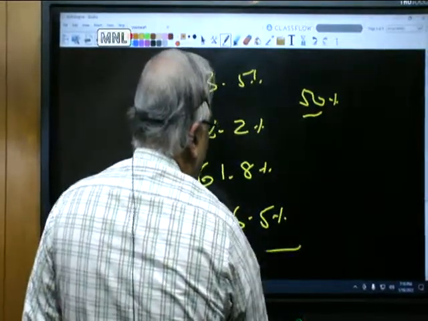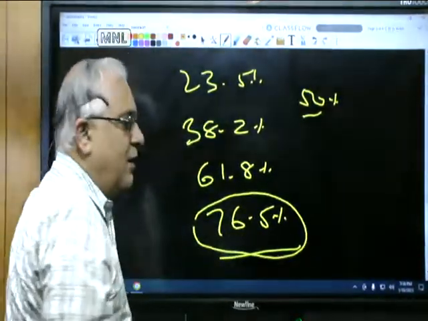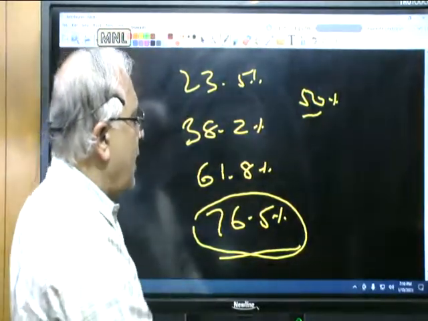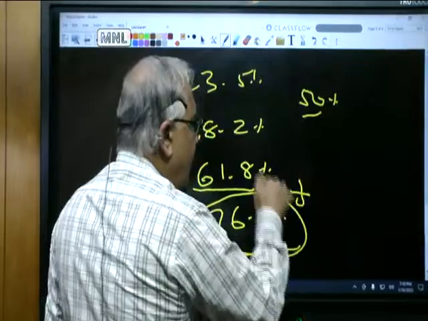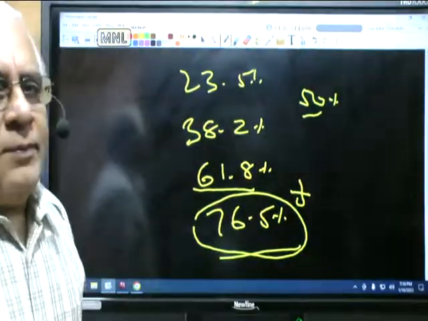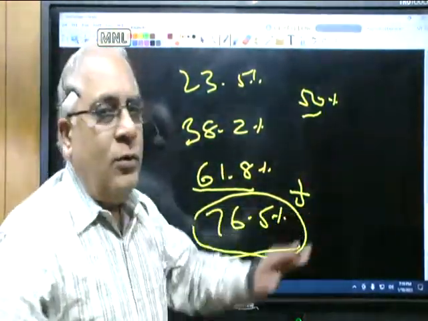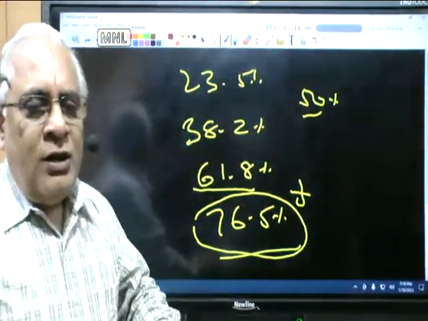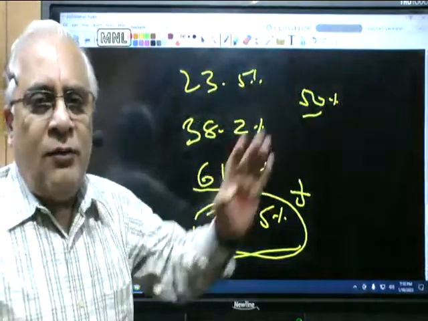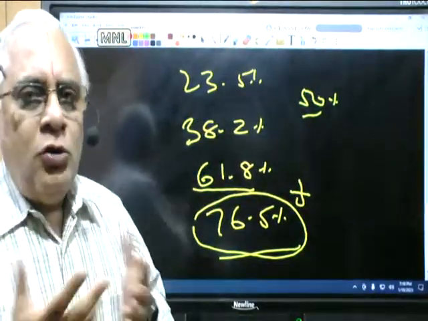The last important support is around 76.5, but mostly it will not come much below 61.8; at the maximum it will come anywhere between 61.8 and 76.5%. Normally it doesn't go much below 76.5%. You can use the ratio scale or the number scale we have seen, whichever is comfortable for you.